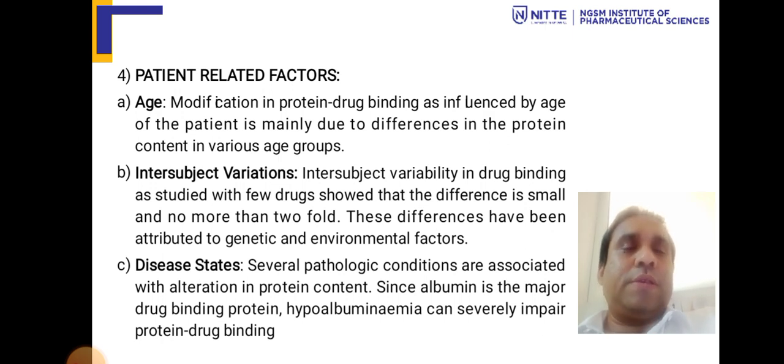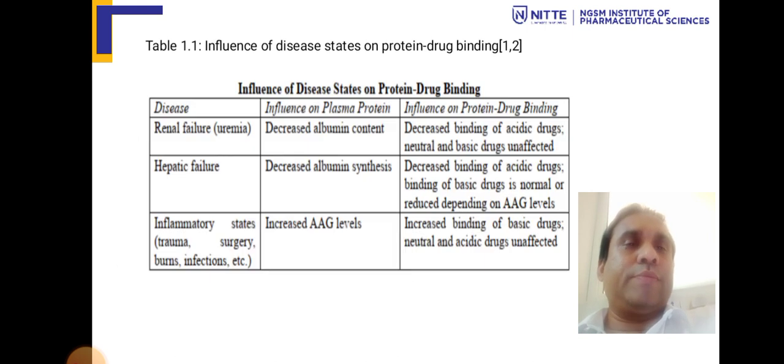There is alteration in protein content in the body, such as albumin. Since albumin is a major drug binding protein, hypoalbuminemia can severely impair protein drug binding.